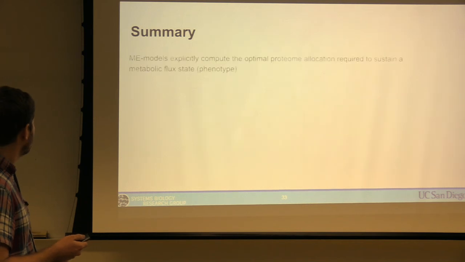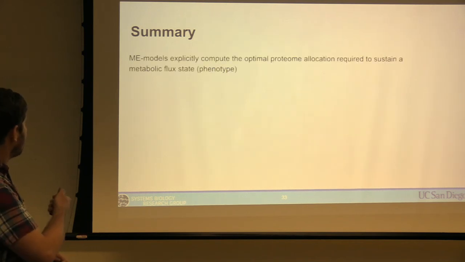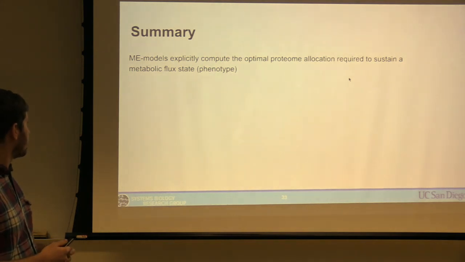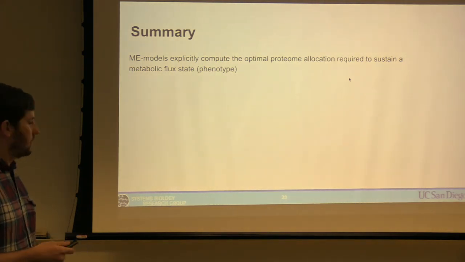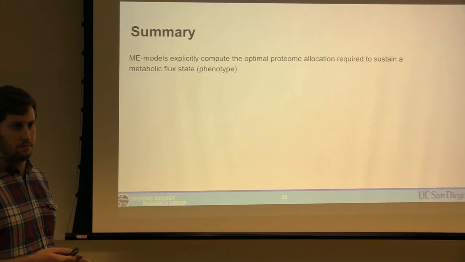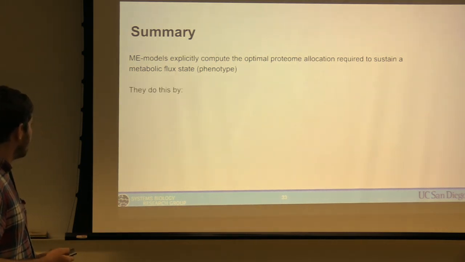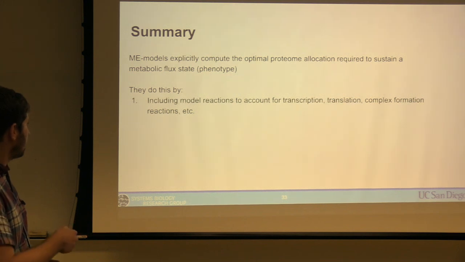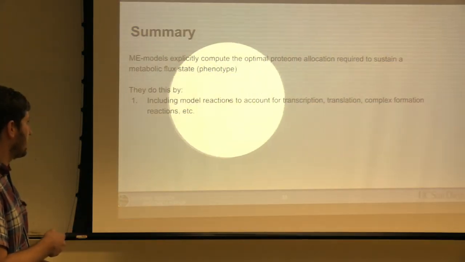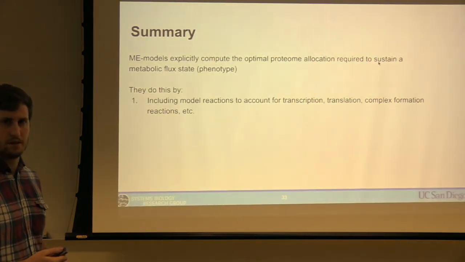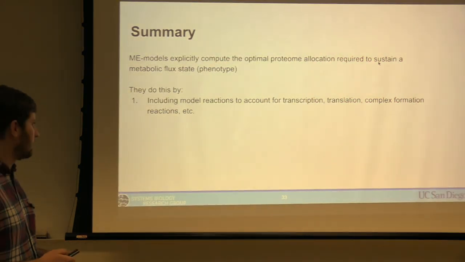So in summary, ME models explicitly compute the optimal proteome allocation required to sustain a metabolic flux phenotype or metabolic flux state, and that's really what makes them interesting, or why we want to study them. And they do this by first including the model reactions to explicitly model transcription, translation, complex formation, as well as the metabolic reactions in the M model.